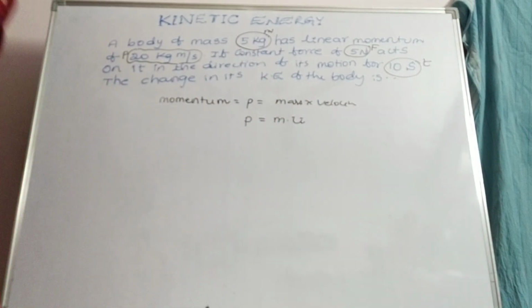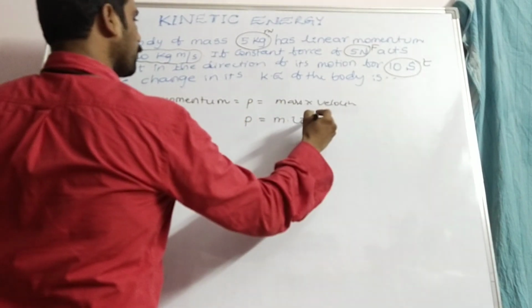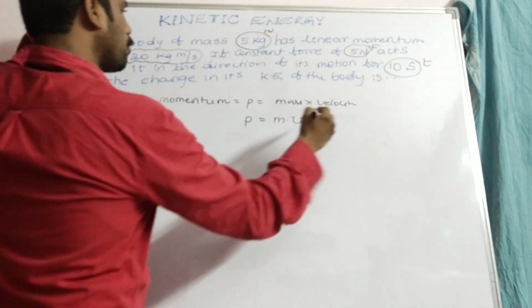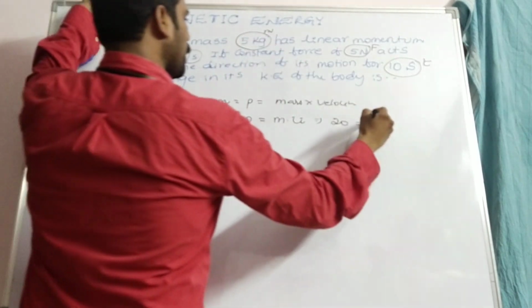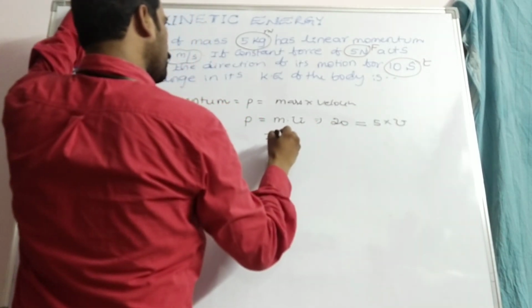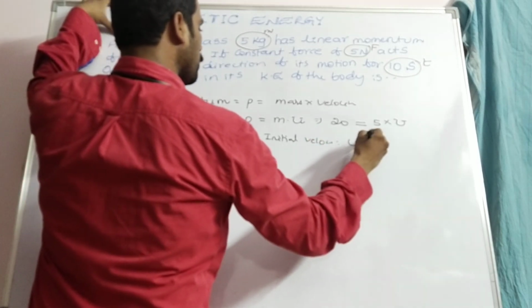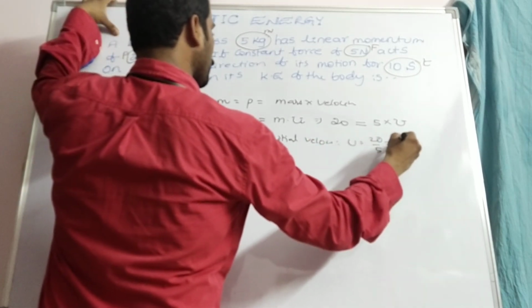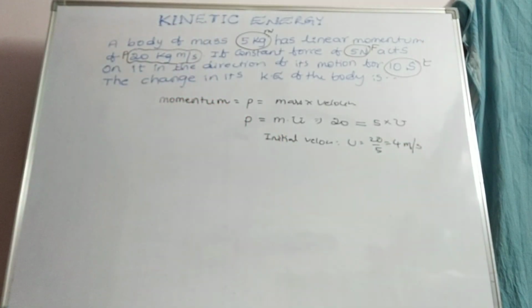So we have to find u. P is equal to 20, that is equal to 5 into u. That implies the initial velocity u is equal to 20 by 5, that is 4 meter per second.